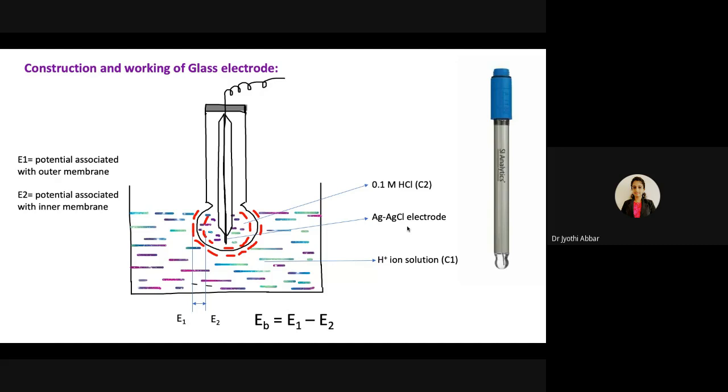We know there are two examples of secondary reference electrodes: one is the calomel electrode, another is the silver-silver chloride electrode. This silver-silver chloride electrode is used for external electrical contact, so it is dipped in this 0.1 M HCl solution. How is this Ag/AgCl electrode made? I'll show you.